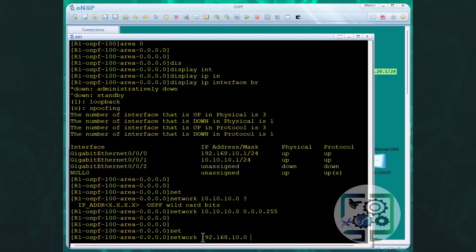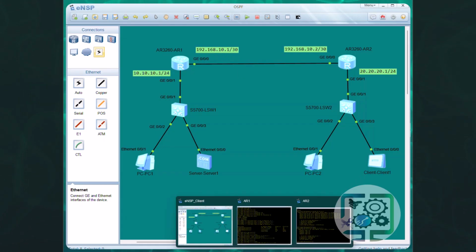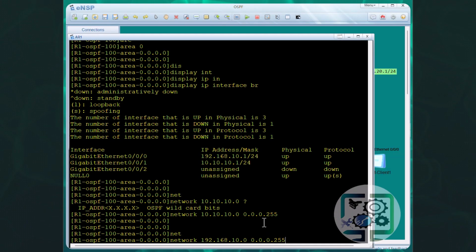192.168.10.0 and its wildcard mask, 255 according to this IP address. There is a mistake in the topology. We configured /30 there, but on the physical interface we configured /24. So we will go with /24, not /30.